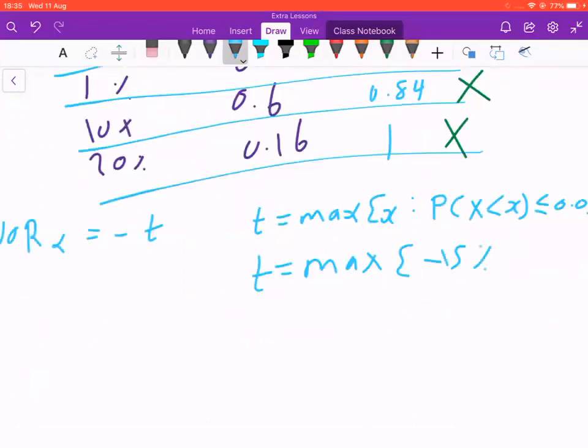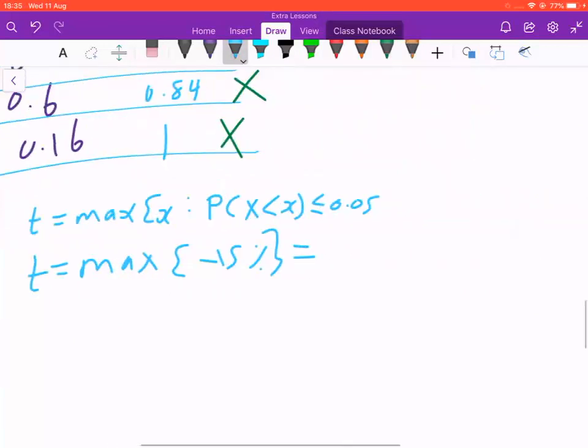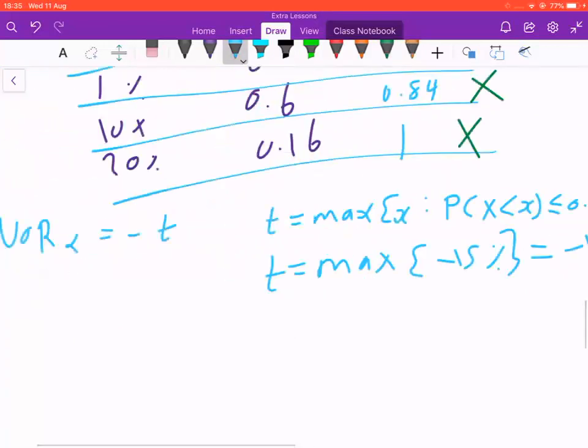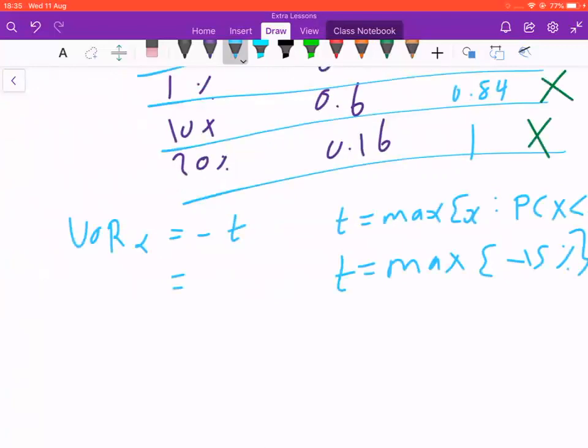You only have one value, so your answer is going to be negative 15. So your VAR is going to be negative times negative 15, which is going to be 15%.